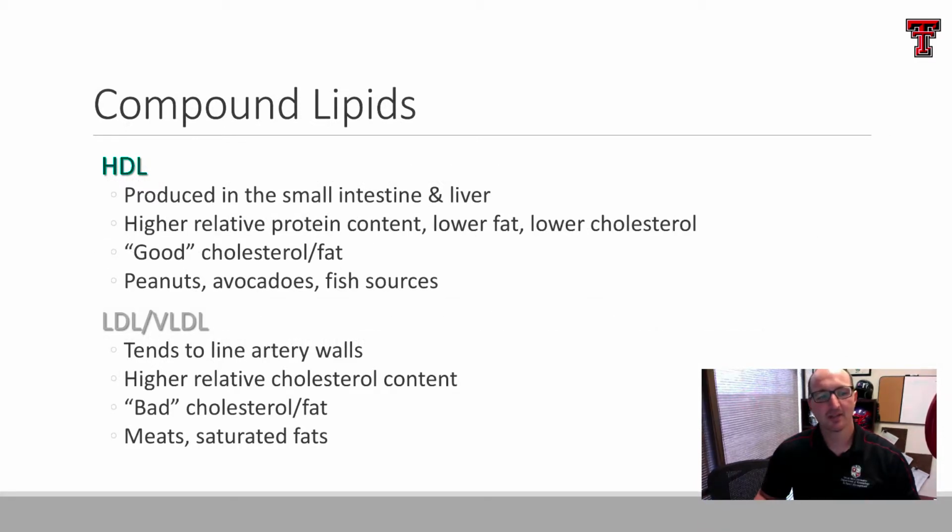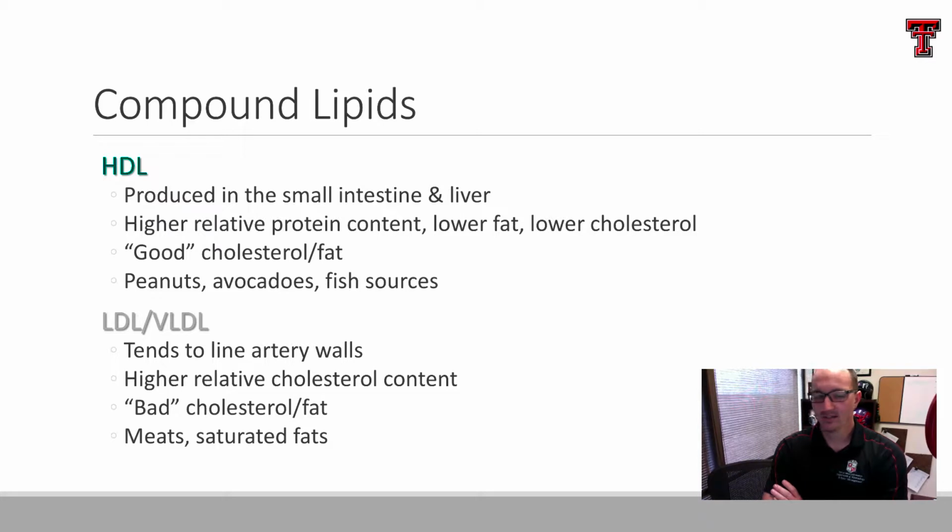Now those compound lipids, you see HDL in green there, that means good. Okay, this is our quote-unquote good cholesterol. So things like peanuts, avocados are in vogue at the moment as a good source of quote-unquote good cholesterol, and then our fish sources.